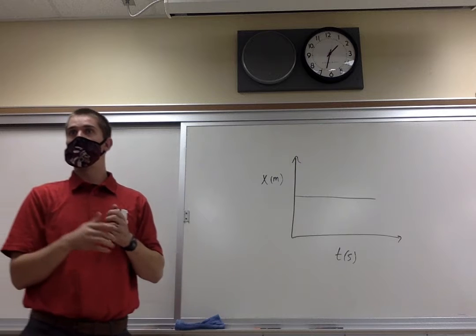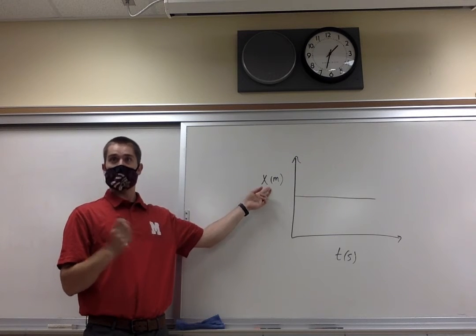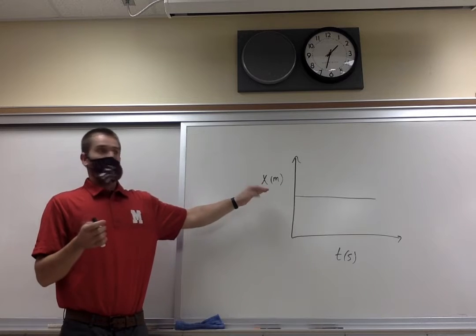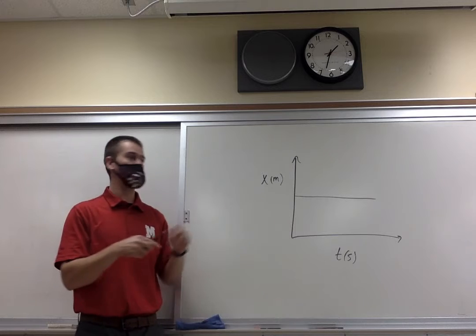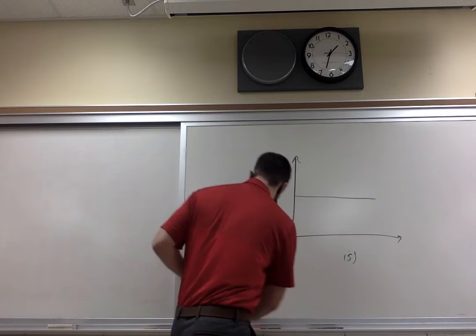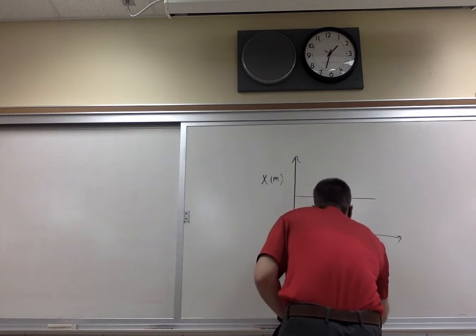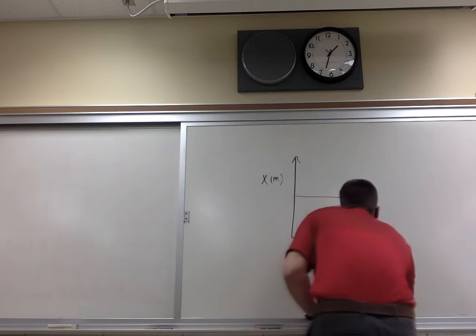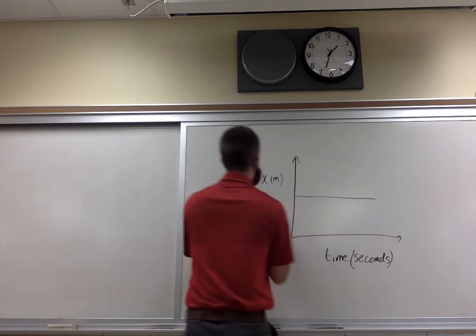Yeah, Ethan. Time in seconds and distance in meters? Yep, that's exactly right. So the axes, to interpret what these mean, I could rewrite in a more explicit way. He's exactly right.